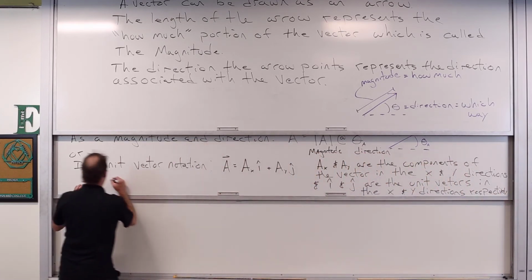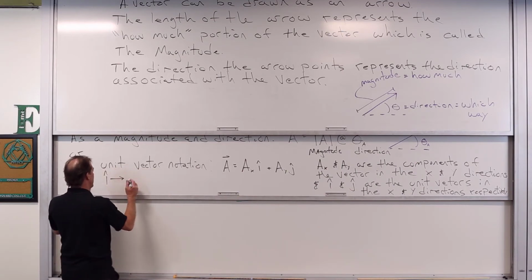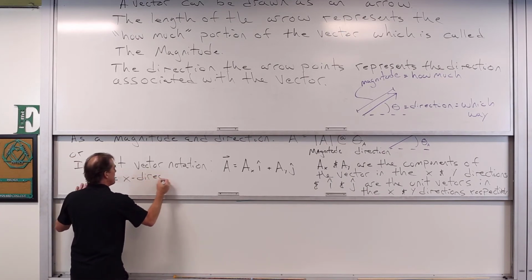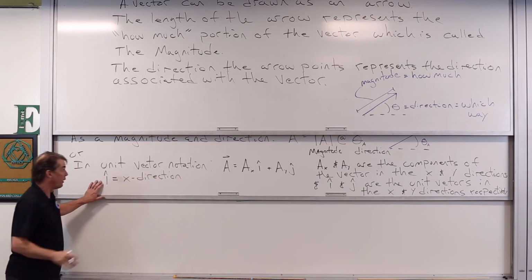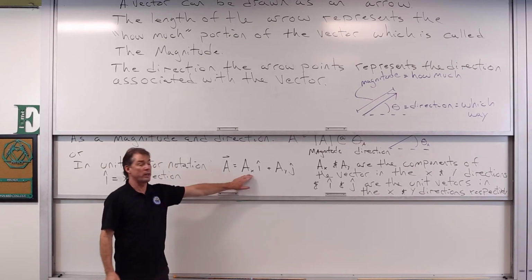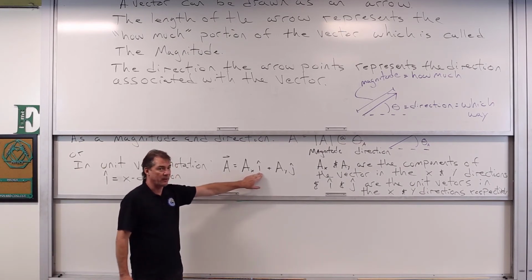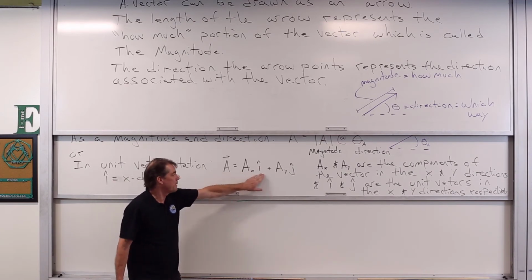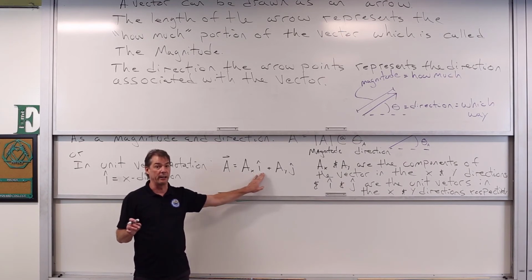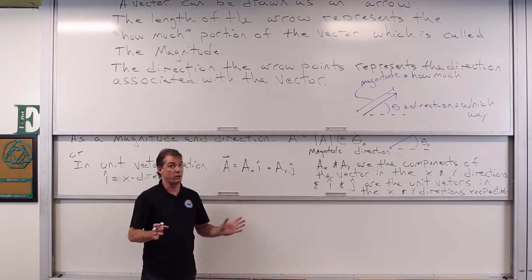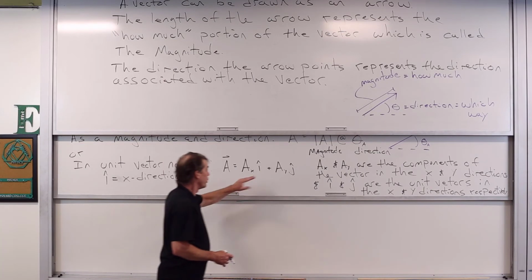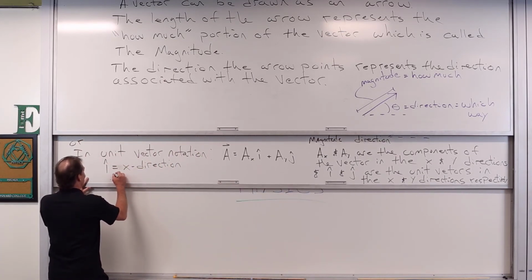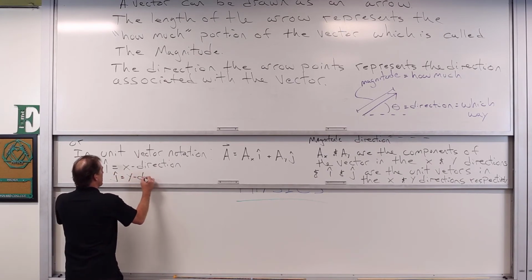So i hat is telling us specifically x direction. This is the component that's in the x direction. We say, well, subscript with an x, yeah, that's the x component. But this makes sure that we're talking about a vector quantity here, something that has a direction associated, not just an amount, but a direction. So this is the x direction, i hat, and j hat is the y direction.